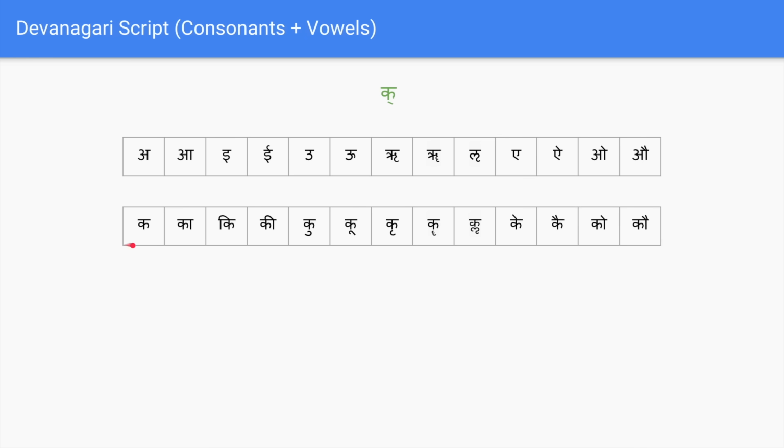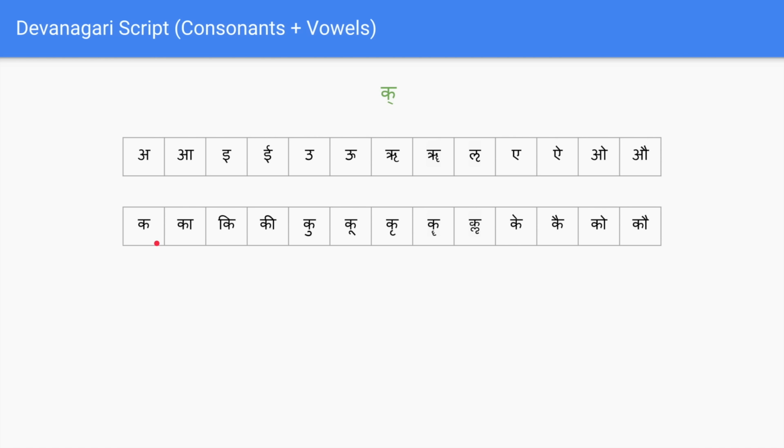So basically it is pronounced as ka, ki, ku, kru, ke, kai, ko, kau.